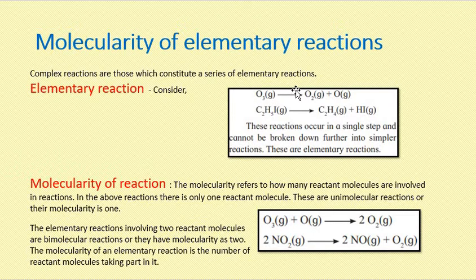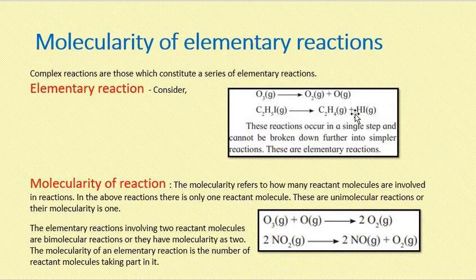Ozone is decomposing to give you oxygen and atomic oxygen. This is an elementary reaction. A simpler reaction is not possible for the decomposition of ozone. So this is an elementary reaction which happens in one step and it is a simple reaction. Or the decomposition of ethyl iodide, where it decomposes to give you ethane and hydrogen iodide. Again a single step, simple reaction, that is why we say this is an elementary reaction.